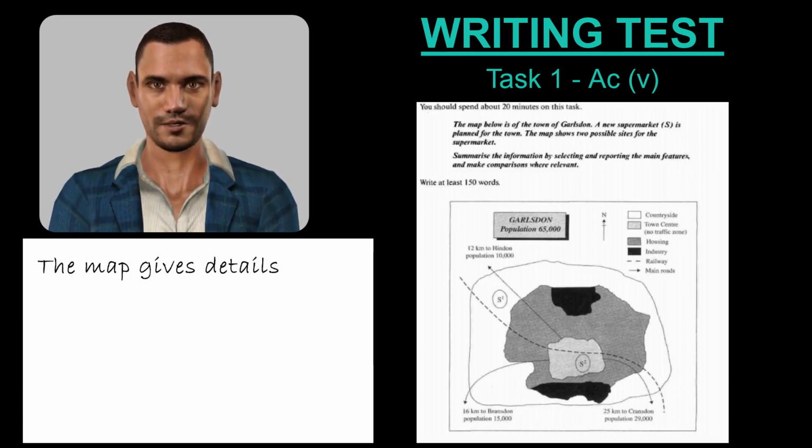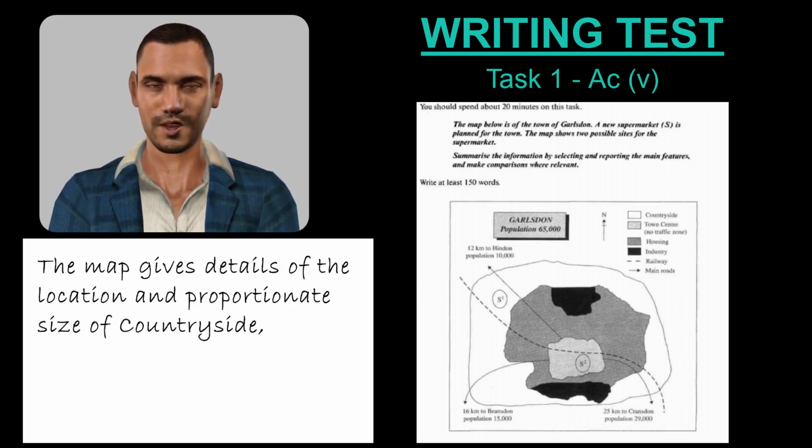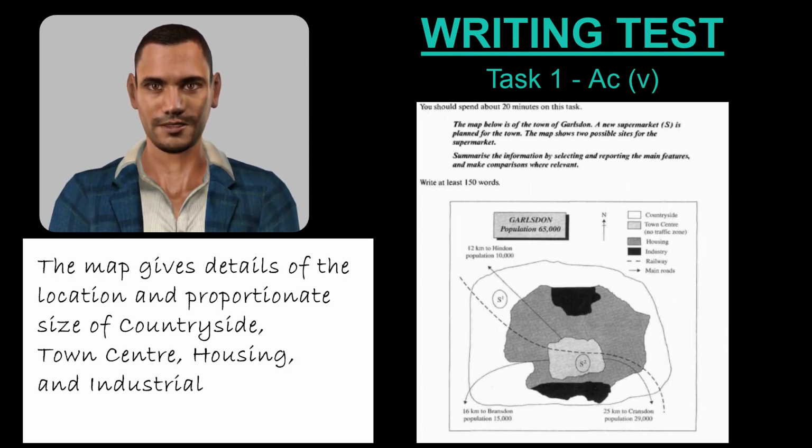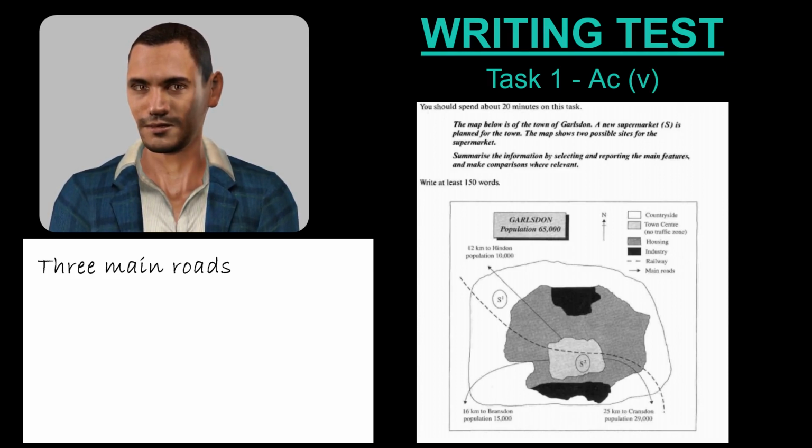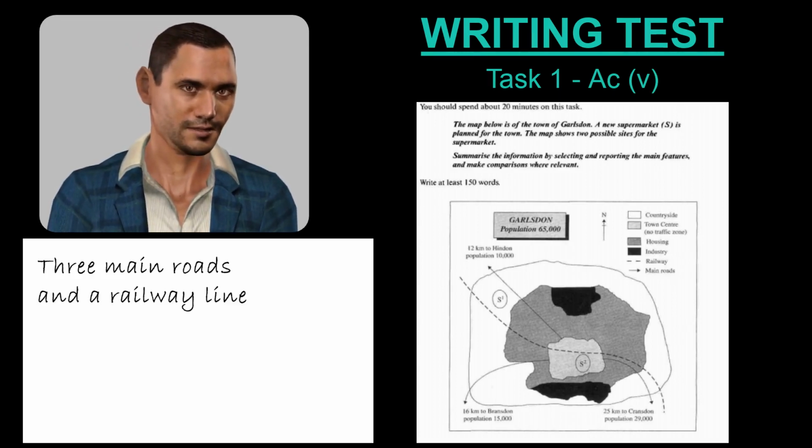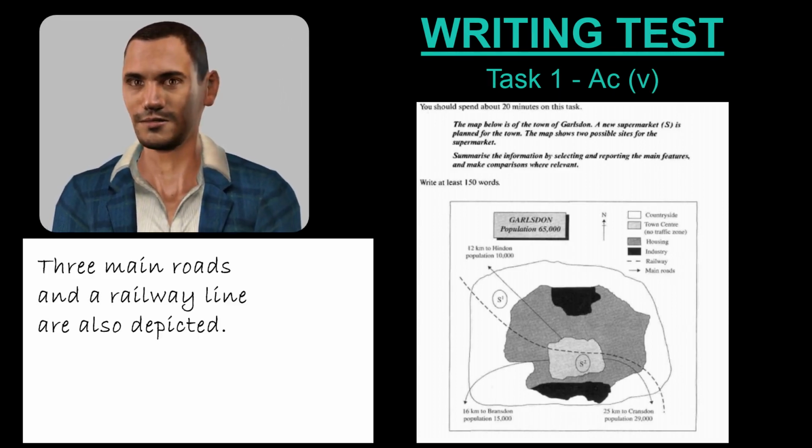The map gives details of the location and proportionate size of countryside, town centre, housing, and industrial areas. 3 main roads and a railway line are also depicted.